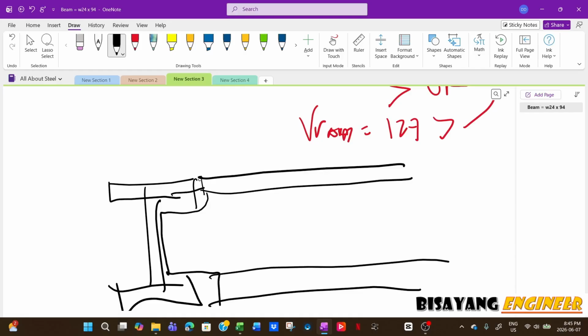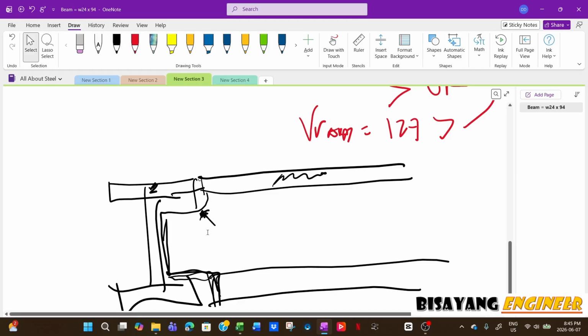So this is cope at top flange only. That is applicable if this girder is really deep versus the depth of this one. Then you need top flange only coped, or if the depth is almost the same, then you need a cope also at the bottom flange. Now the capacity on that one depends on the situation of your connection.